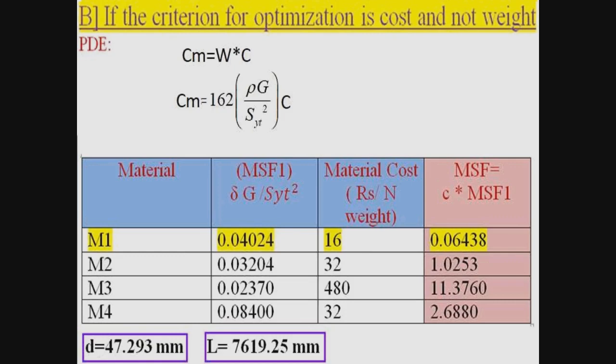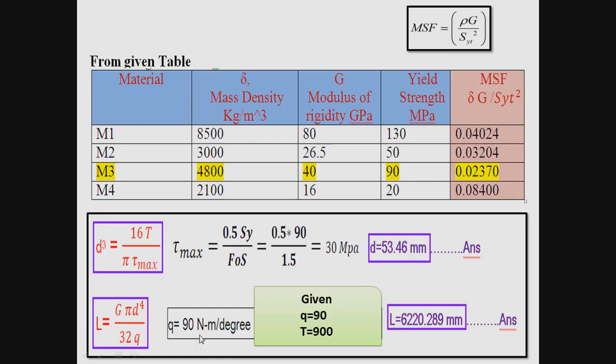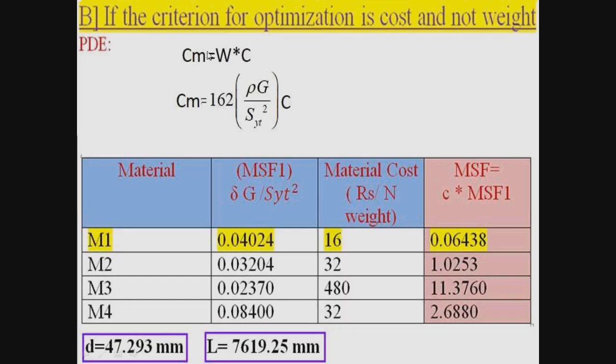Suppose you want to reduce the cost for the same problem. In this problem, we have found these dimensions for minimizing the weight. If you want to minimize the cost, the cost equation is the total weight of the material into cost per unit weight.